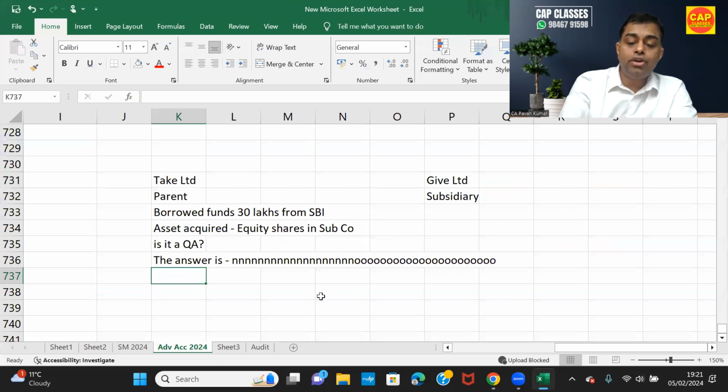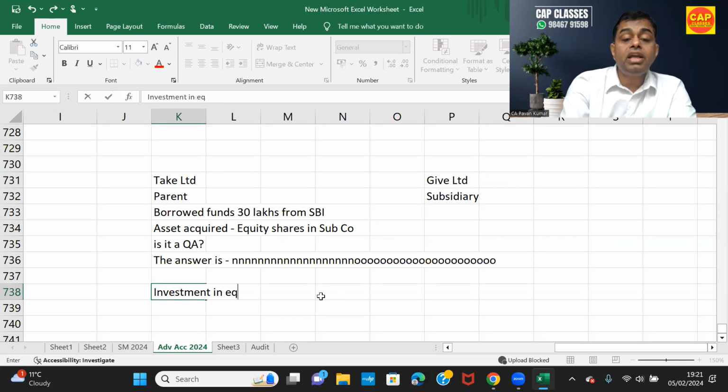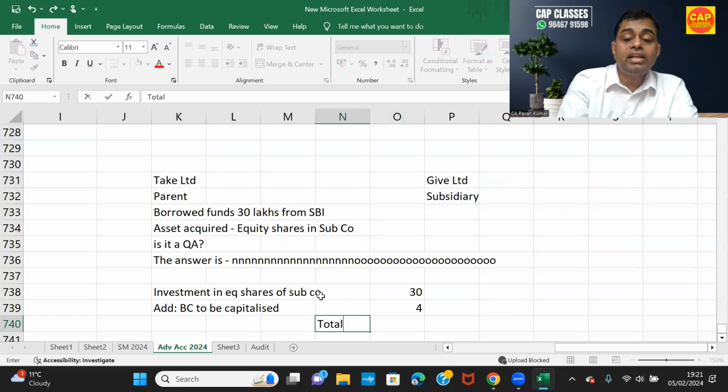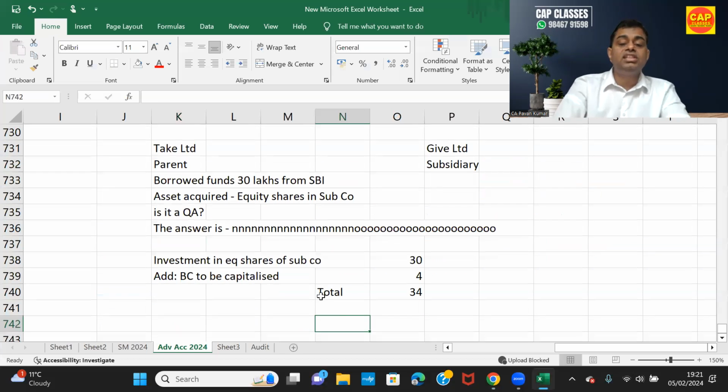So, what Take Limited has done: investment in equity shares of subsidiary company, 30 lakhs. Add borrowing cost to be capitalized, 4 lakhs. Total asset, 34 lakhs. This is the accounting treatment Take Limited wants. Do you agree with them?